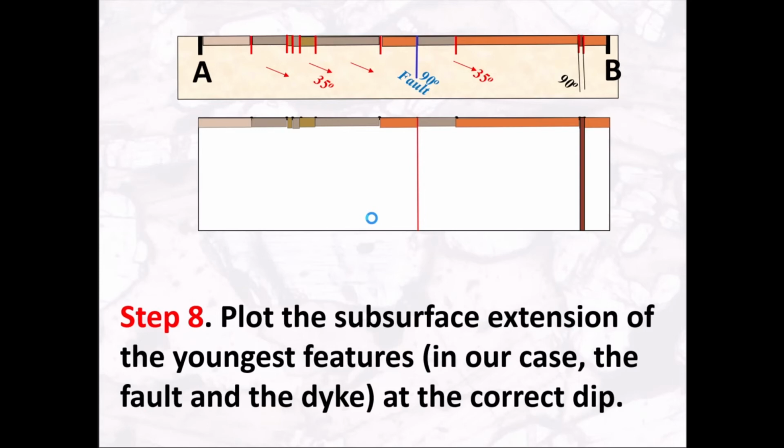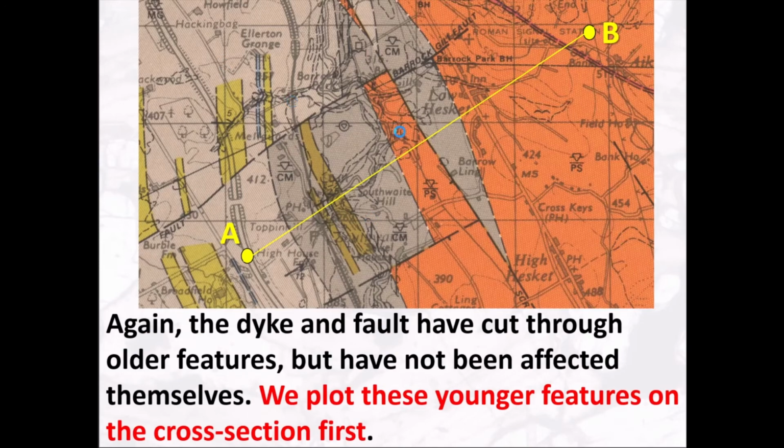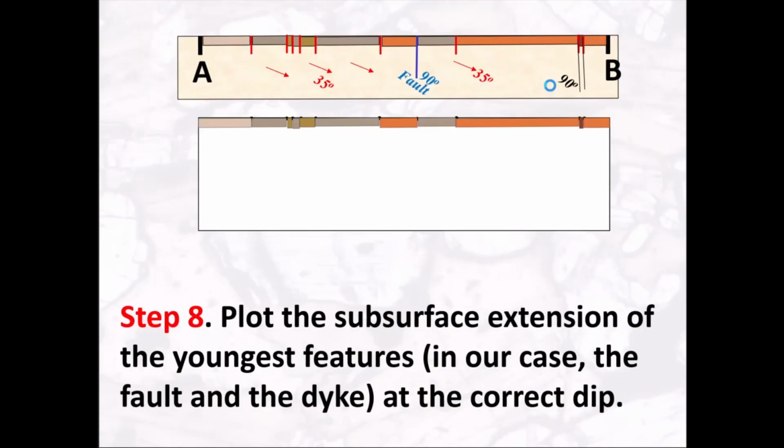They look pretty darn steep on map view. Look at the way they don't get deflected by the ground contours. Same for the dike. I'm going to draw them as vertical features. If I need to change it later, that's fine in light of new evidence, but right now I'm going to think of them as subvertical features.